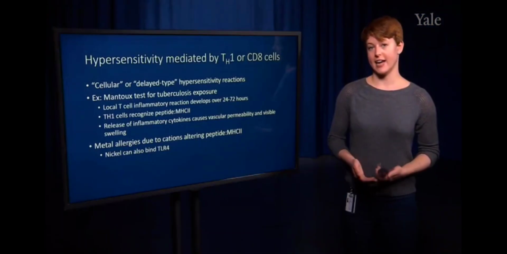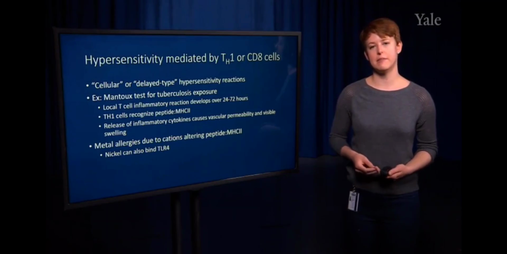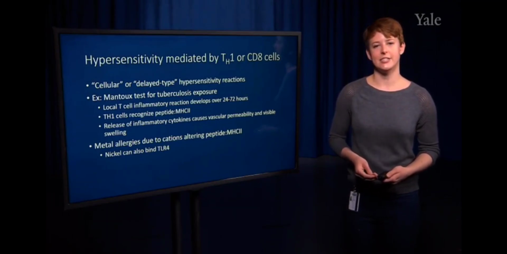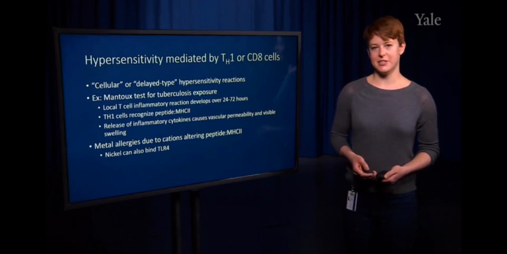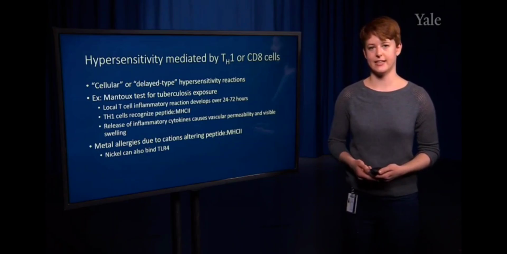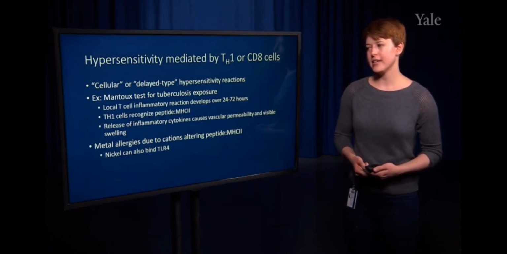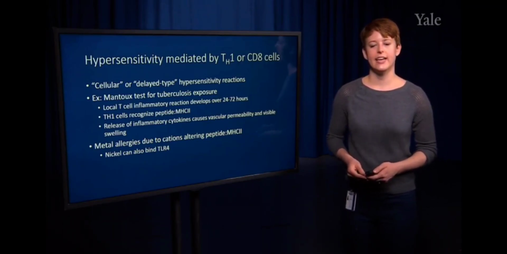Essentially, a small amount of tuberculin is injected subcutaneously. If the individual has been exposed to tuberculosis and has antibodies against tuberculin, there will be a local inflammatory response. This typically develops over 24 to 72 hours and is characterized by visible swelling.